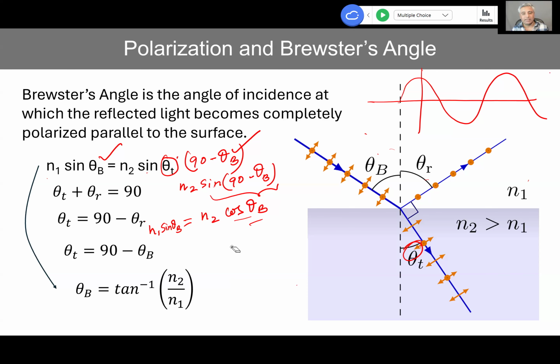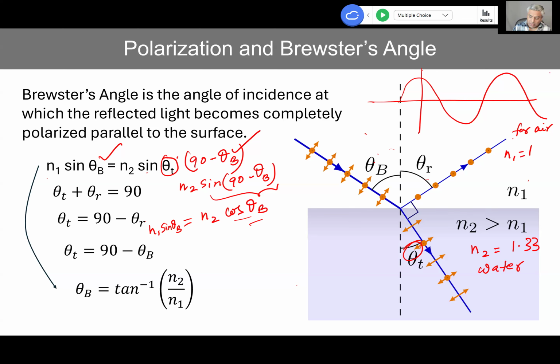For example, let's suppose you are standing by a lake where there is air. So n1 is 1 for the air. And there is water. Let's say n2 is 1.3, usually written as 1.33, for water.